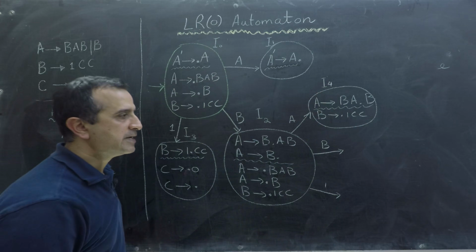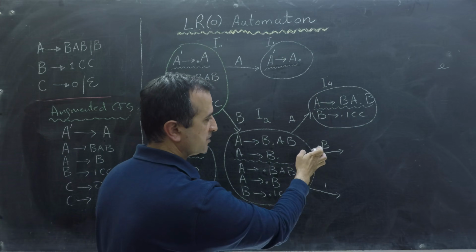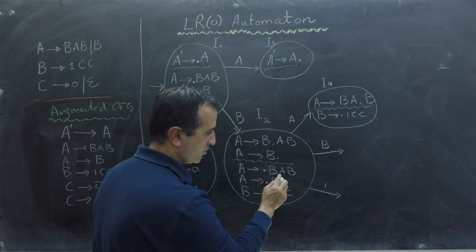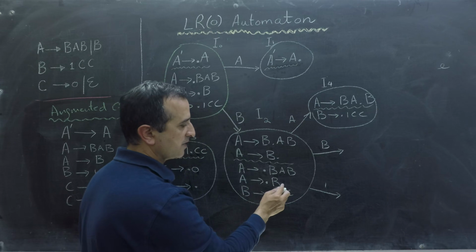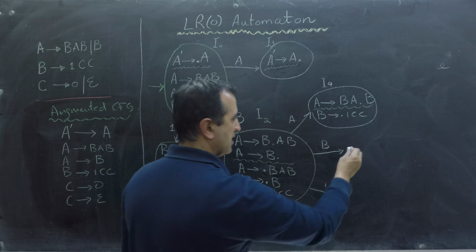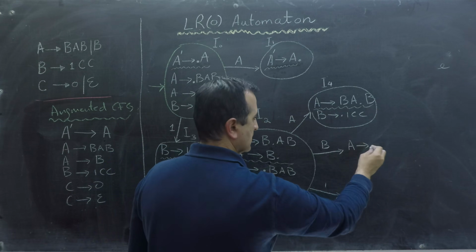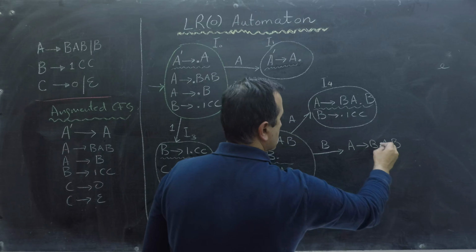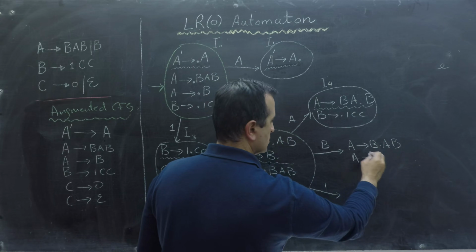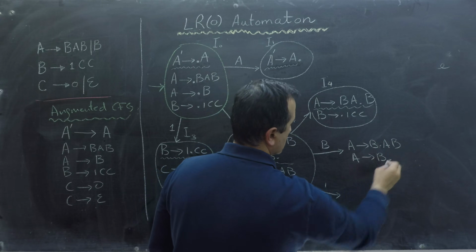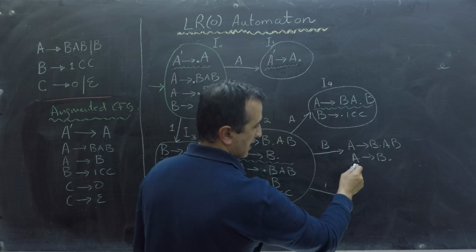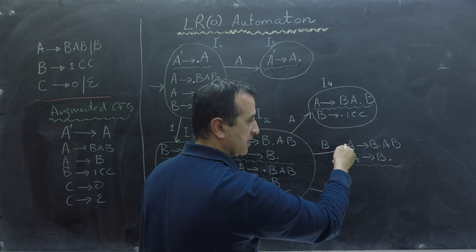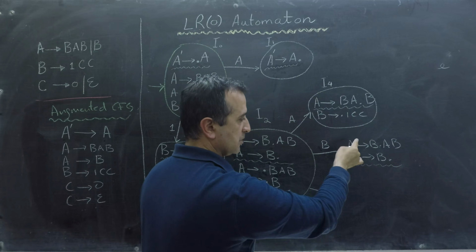Now we have to create a new state on the transition of B. On B, this dot will move to the right and this dot will also move to the right. So I will have A goes to B dot AB and A goes to B dot, and I highlight these two items as these are the source items that will create this new state.